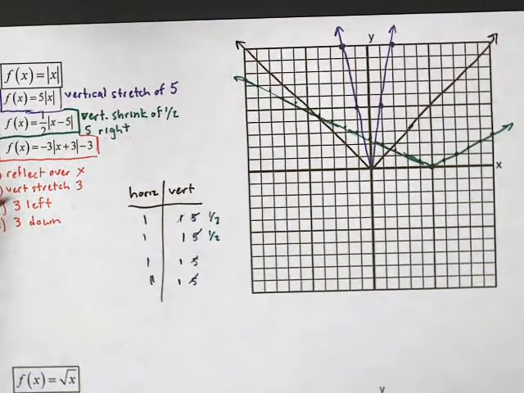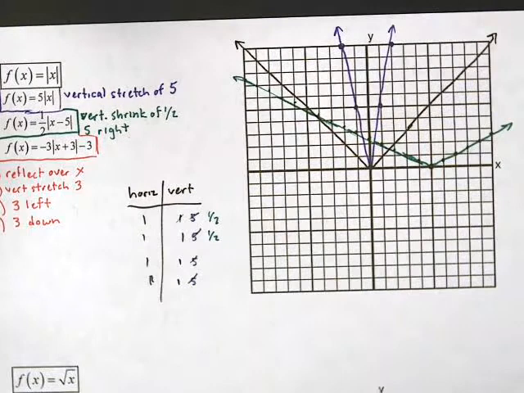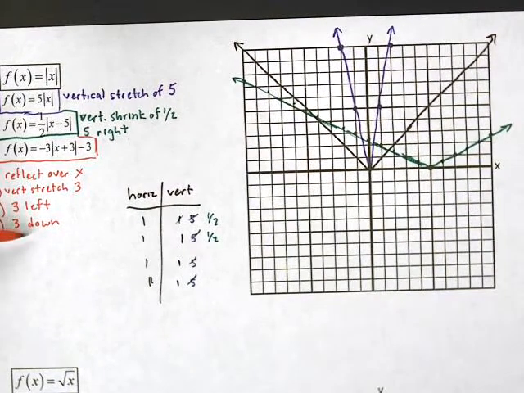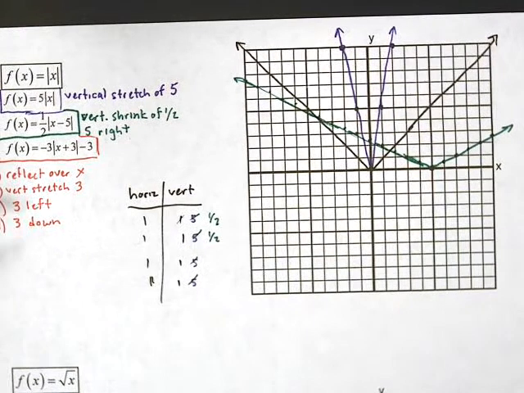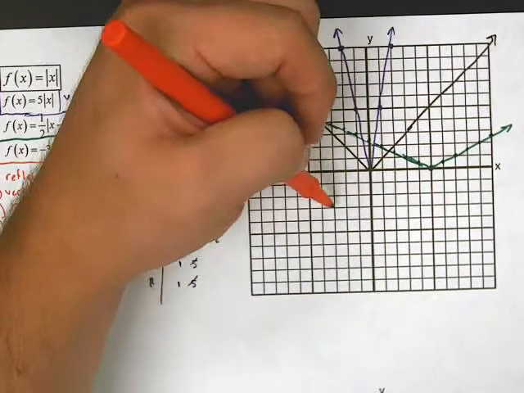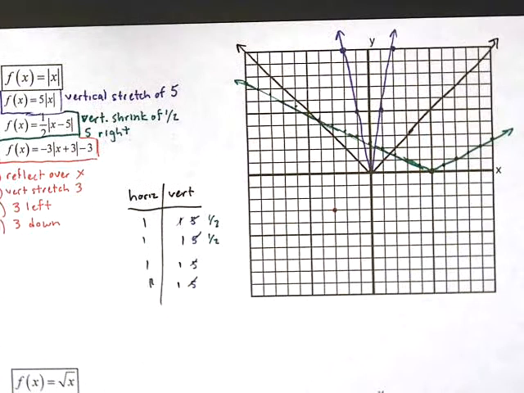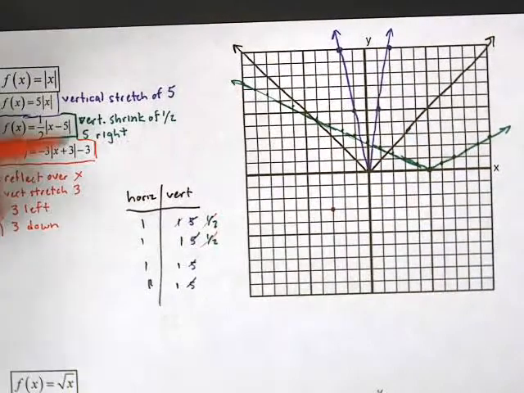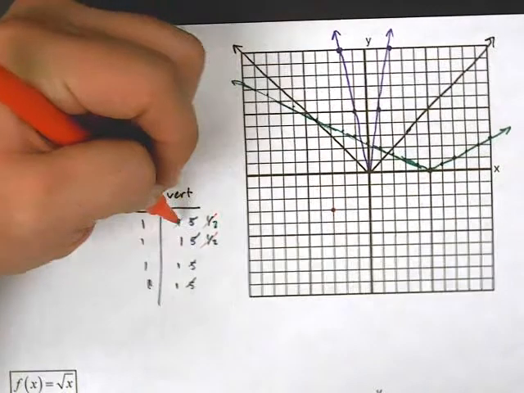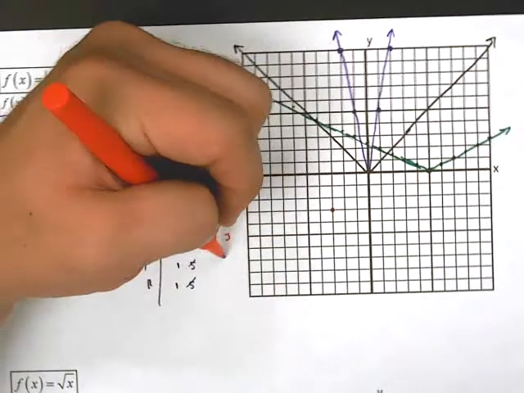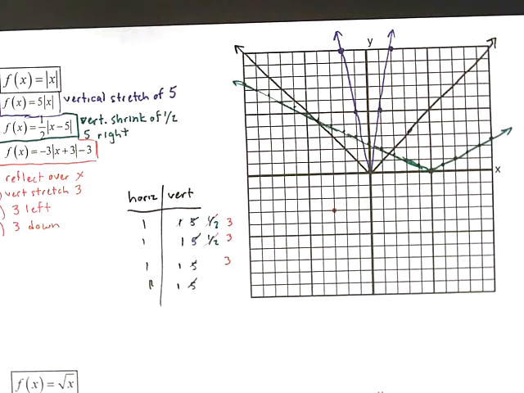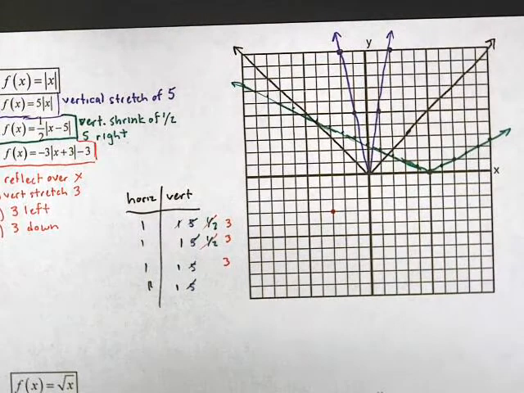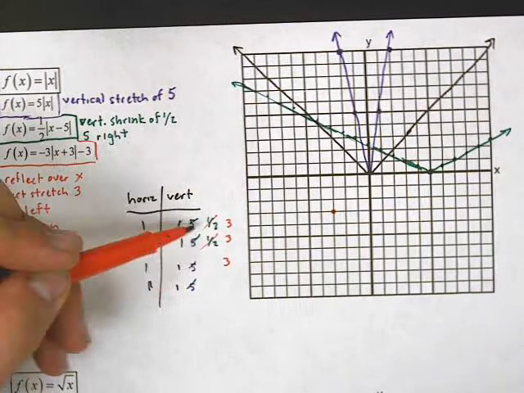And we start with the idea first, you know it's going to be opening the other way. Then you think about the shift of the vertex here. I'm going 3 to the left, I'm going 3 down. Lastly, I consider my stretches. My stretch is 3. So this is not half, this is 1 times 3, so 3, 3, 3, etc. Please remember, I'm keeping it vague on purpose here.